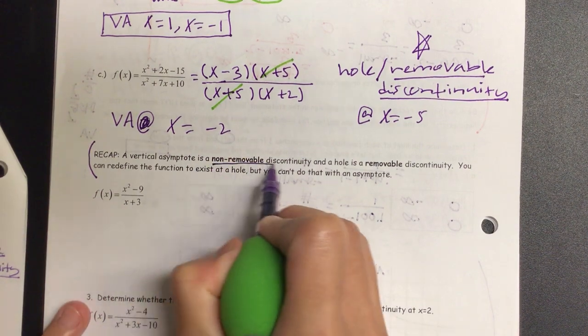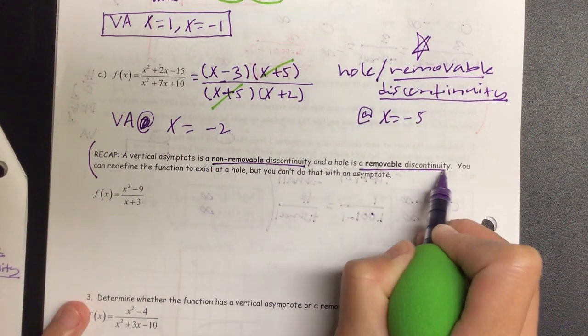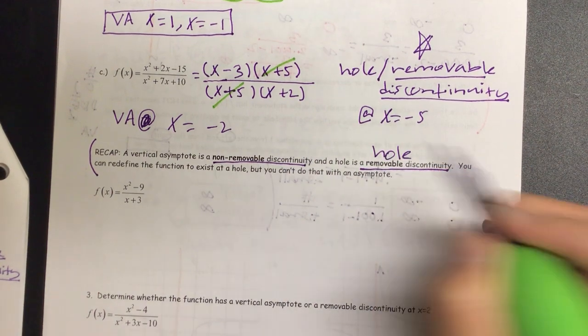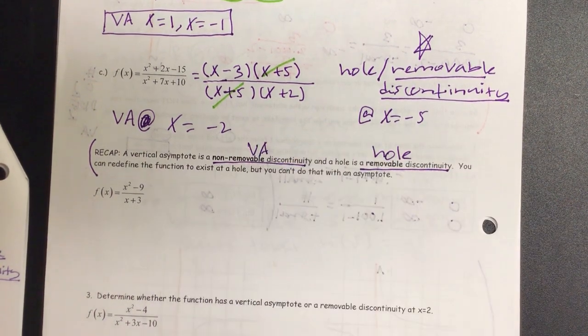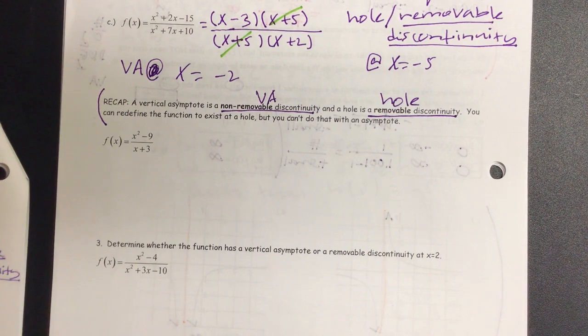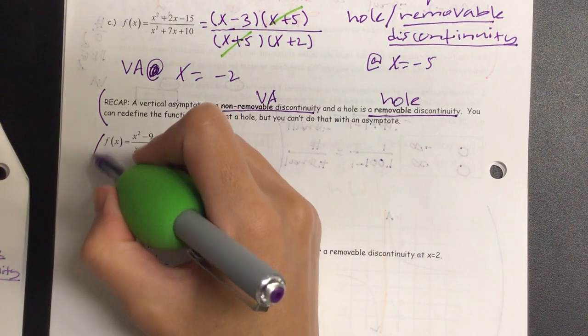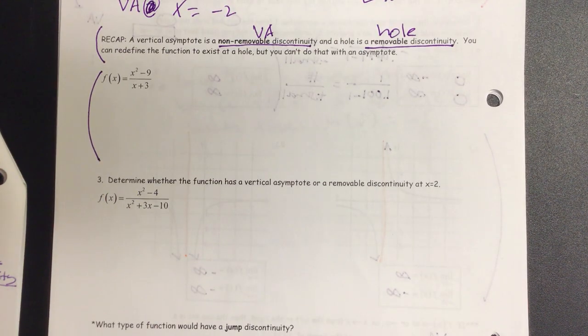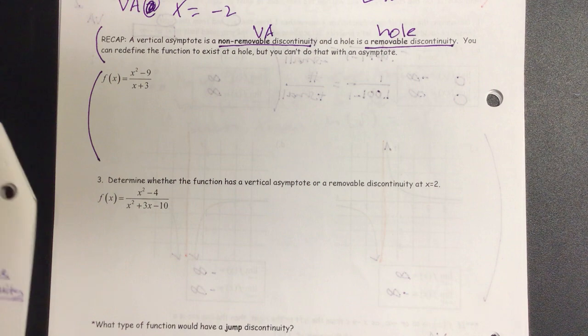So let's underline 2 key words, non-removable versus removable discontinuity. The hole is removable, and the vertical asymptote is non-removable. Go ahead and find the vertical asymptote and the hole for the next one with your neighbor.